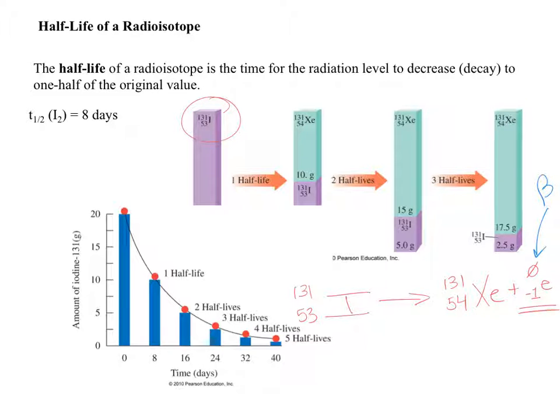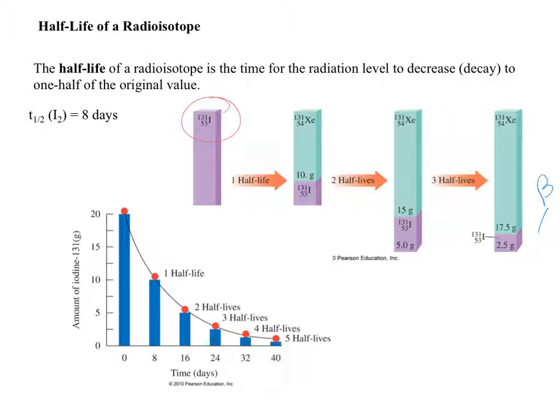Let me erase that. So my reactant is the iodine 131. My products are these two particles. But I'm going to measure this in terms of the mass of xenon versus the mass of iodine. Okay, and in fact, let me give you some numbers as well.